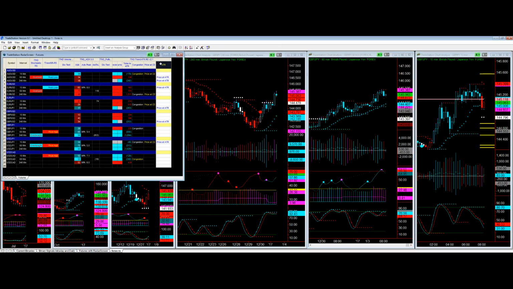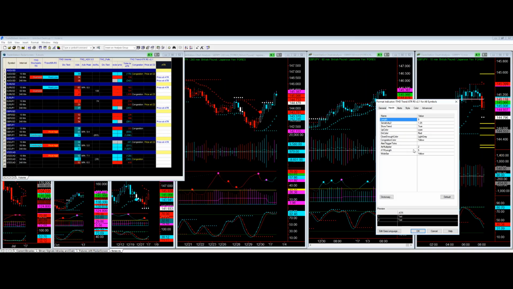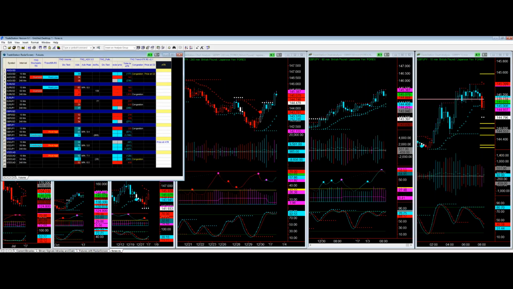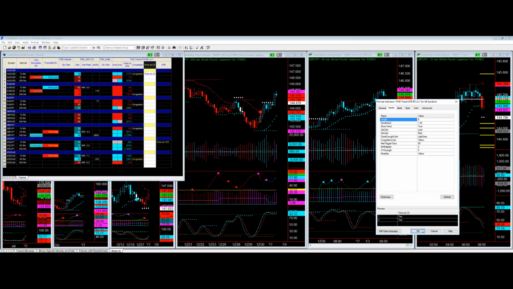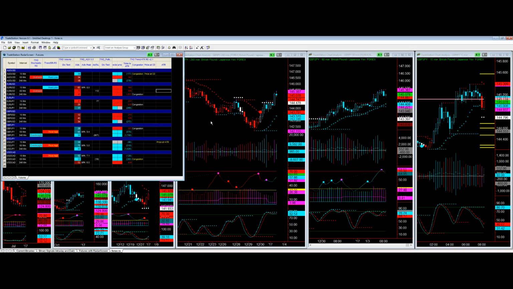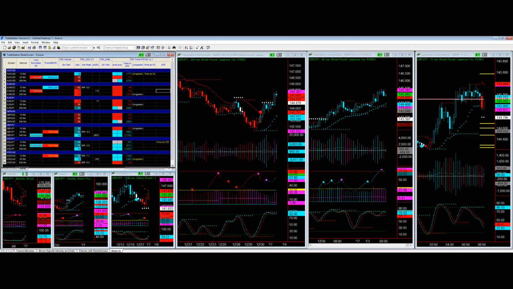And let's see. I want to see how close to the ATR I have this set to. Let's do 5 ticks. Okay, and on the CD, okay. So right now, as it stands, there's just no trades on here.